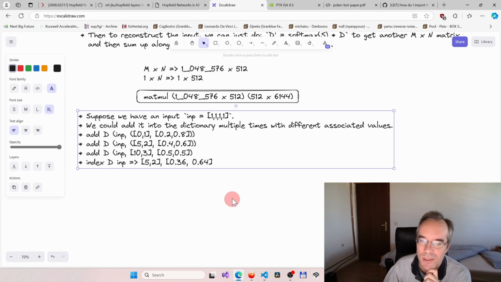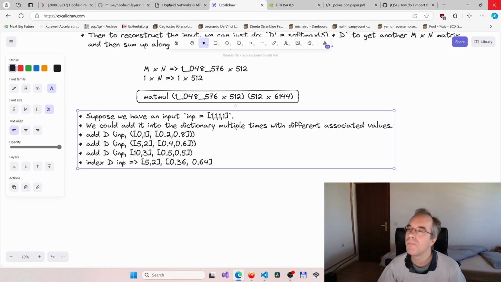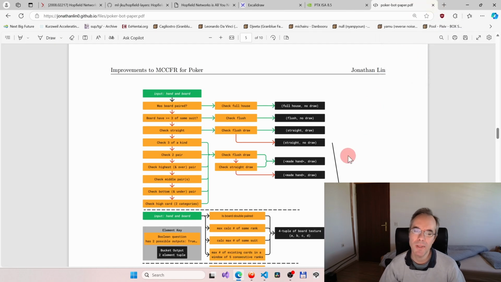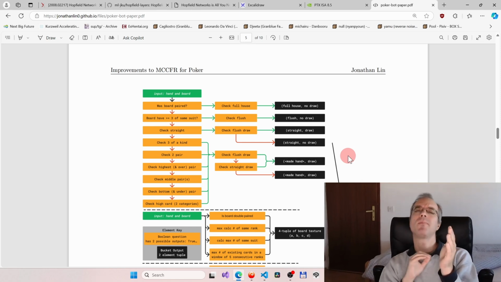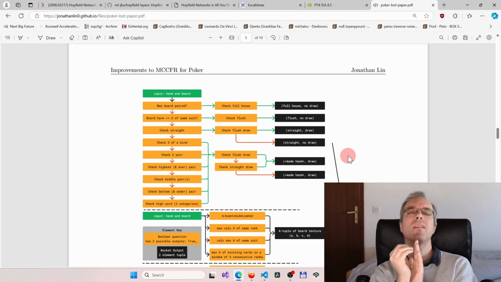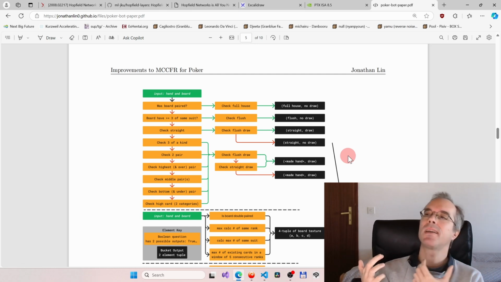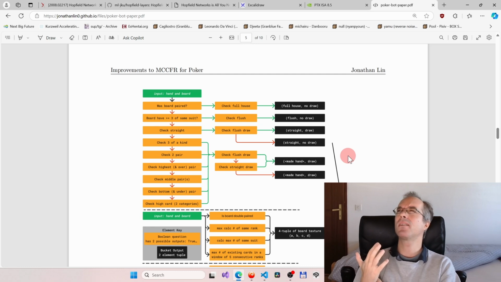Let's get back to this. But I was saying that we could add many extra additional features in addition to the raw input. And if you have something like, let's say, an AA in your hand, as humans we can easily tell that this is a pair and this is a very good hand pre-flop.